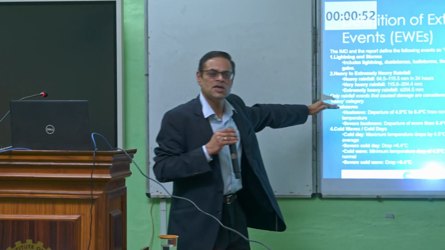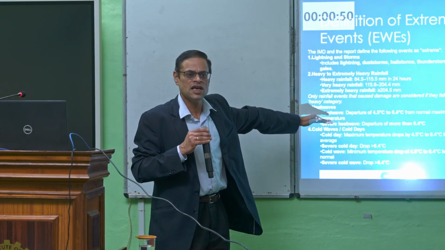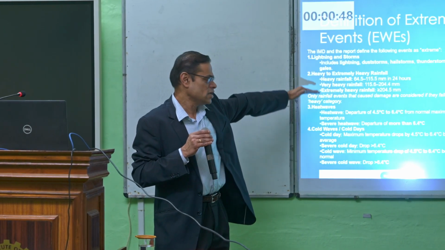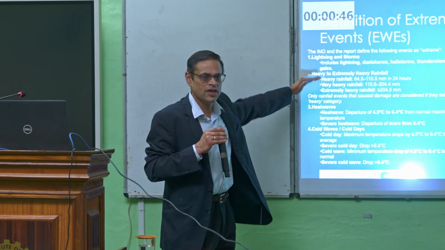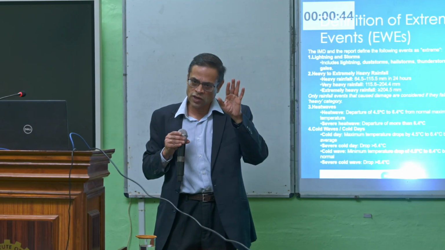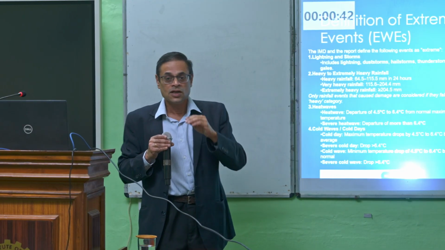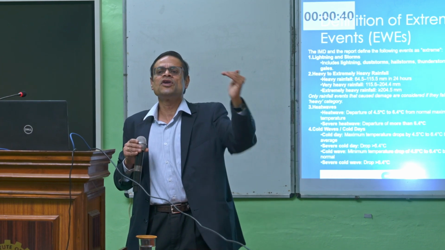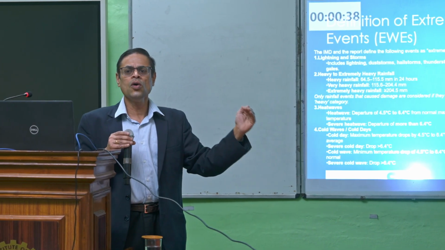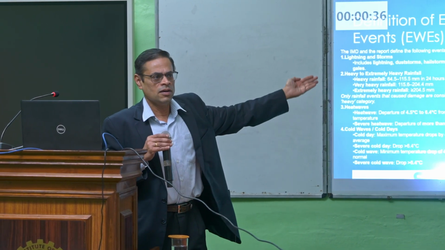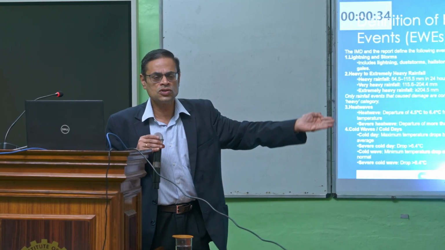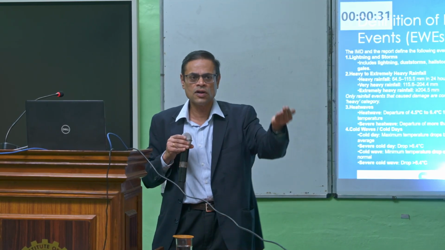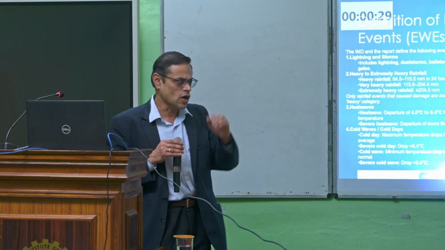Heat waves are going to be the biggest extreme event that India will have to be worried about, apart from heavy rainfall. And drought, we will talk about drought on day 3. How do you assess drought? What type of drought do we need to understand? How missing rainfall amounts relate to deficit rainfall, to drought conditions. We will talk about that.